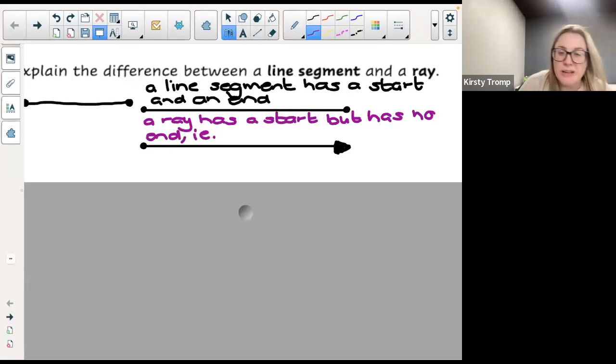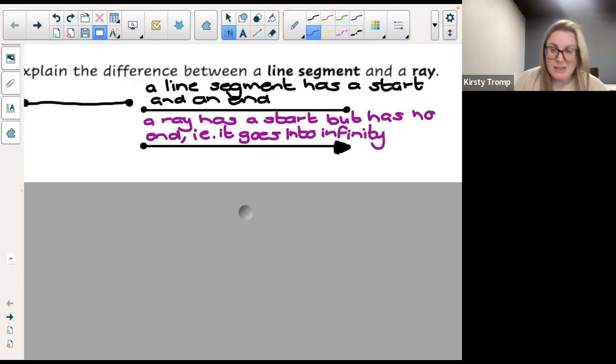In other words, it goes into infinity. Is another way to say that it has no end.